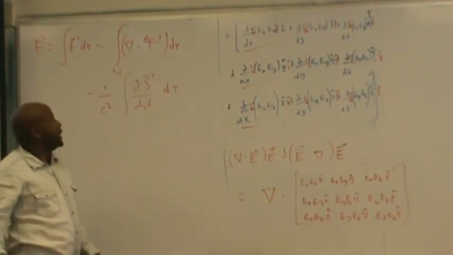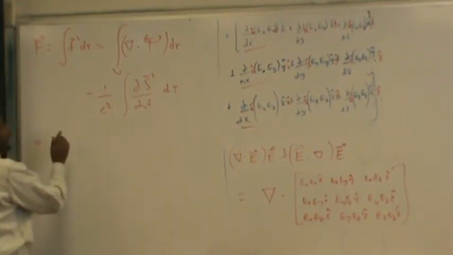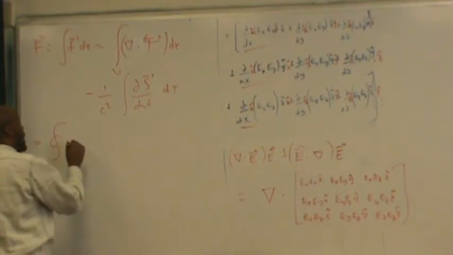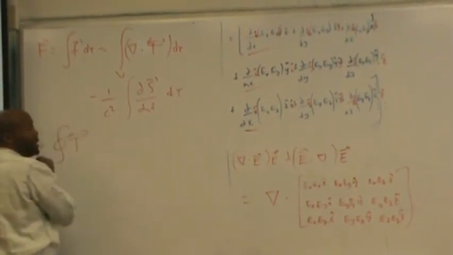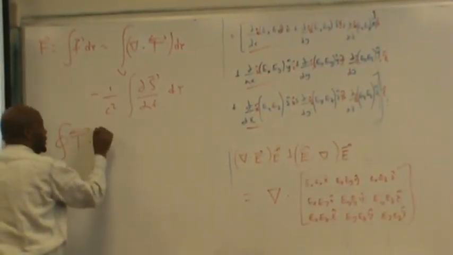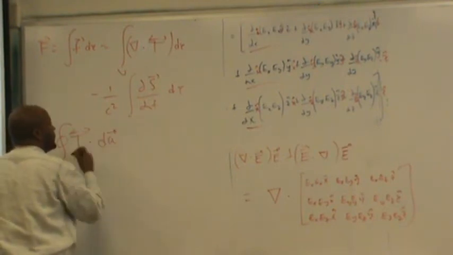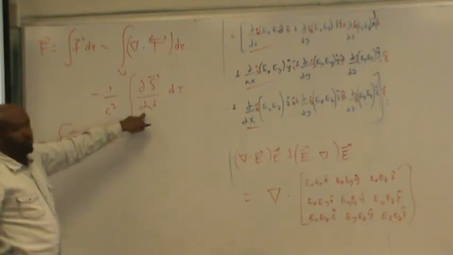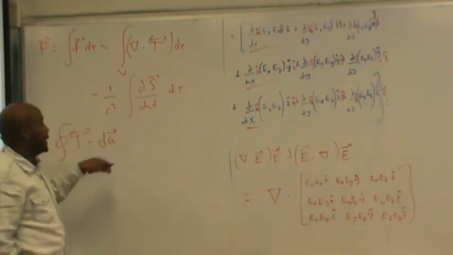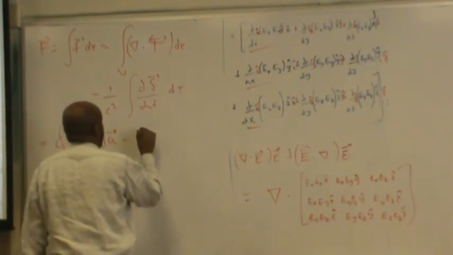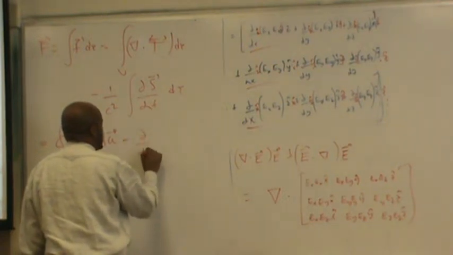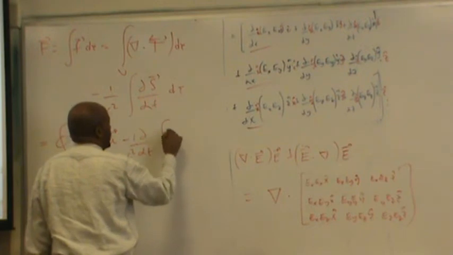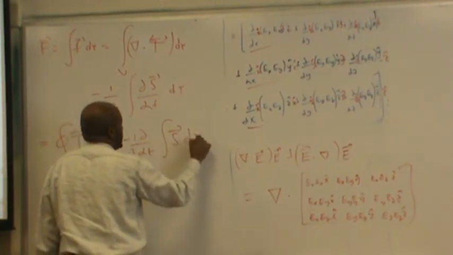If you apply the divergence theorem, I can write this as a surface integral over a closed surface of the Maxwell stress tensor dotted with dA. And this one here, if I take the time derivative outside, I will have minus d by dt of 1 over c squared times the integral of the Poynting vector.